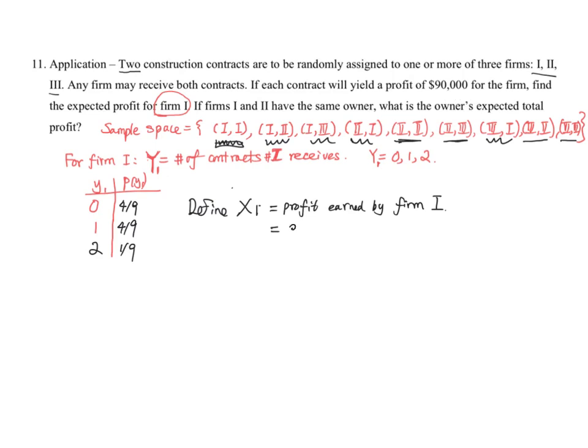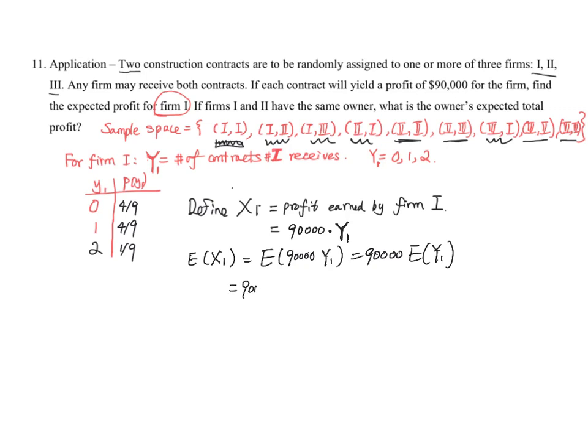Therefore, the profit will be 90,000 times the number of contracts received by firm number one, which is Y1, right? So what we really want to find is the expectation of the profit earned by firm number one, which is the expectation of 90,000 times Y1. According to the rule that we have, we can factor out the constant: 90,000 times the expectation of Y1.